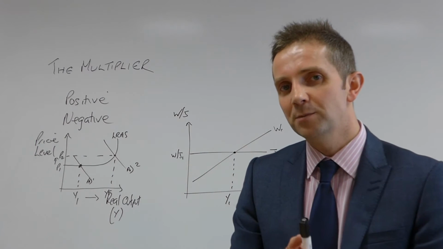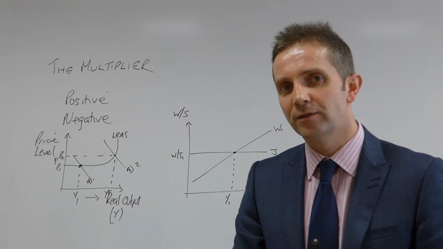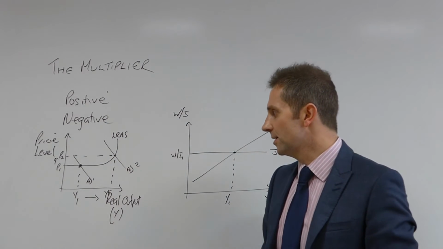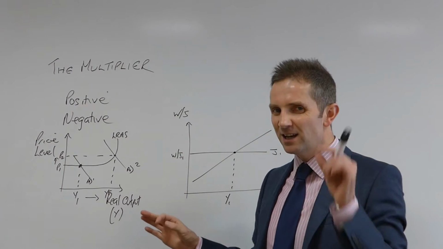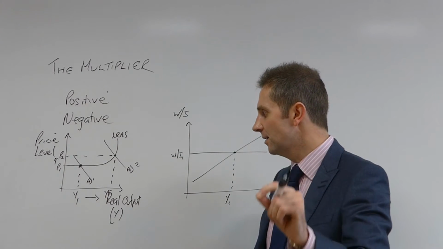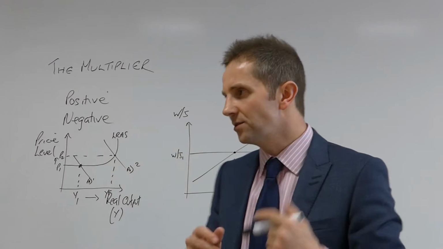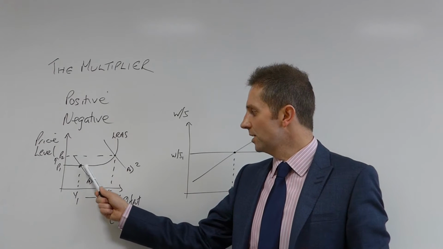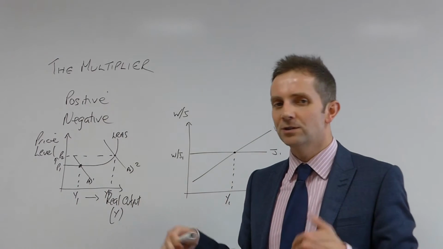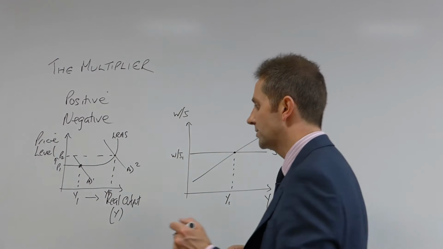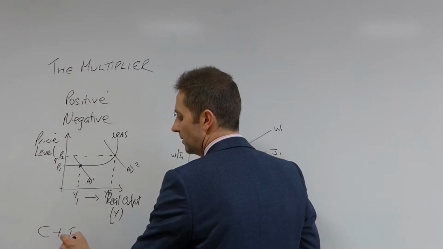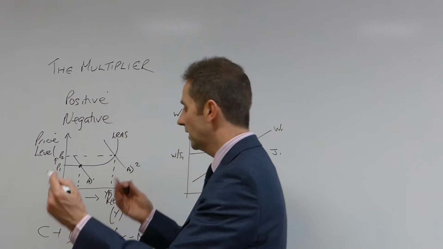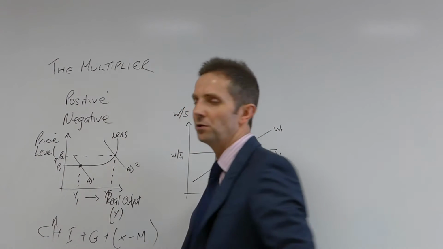When you are writing, particularly in your essay at the end of the macro paper, and you draw diagrams probably similar to this one, and you'll be analysing it in detail, explaining all the causal links, when you discuss the fact that AD is rising from AD1 to AD2, that might be because AD is C plus I plus G plus X minus M. So let's say it might be because of an increase in consumption.